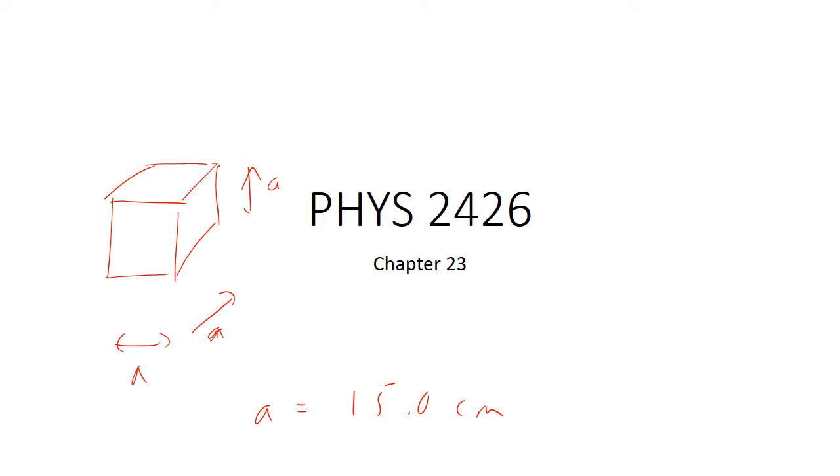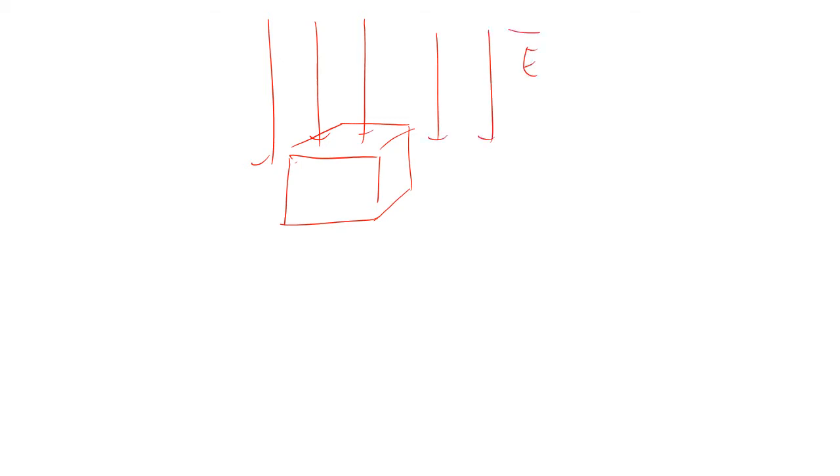I'm going to take my cube, sitting here, and imagine an electric field going straight down. The electric field is minus 125 newtons per coulomb J.